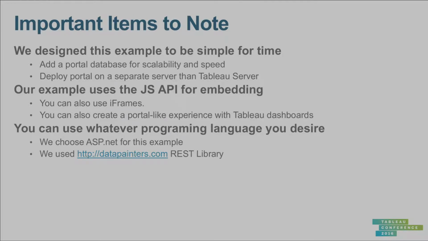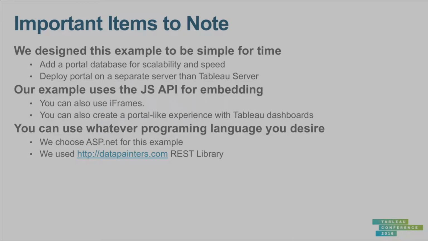This is designed with ASP, and you can actually put it on the Tableau server. You can spin up an IIS web server on a different port and install it on the same server, but that's definitely not a best practice. We recommend putting it on its own server. You don't want to use your cores that are dedicated to analytics for powering a portal.